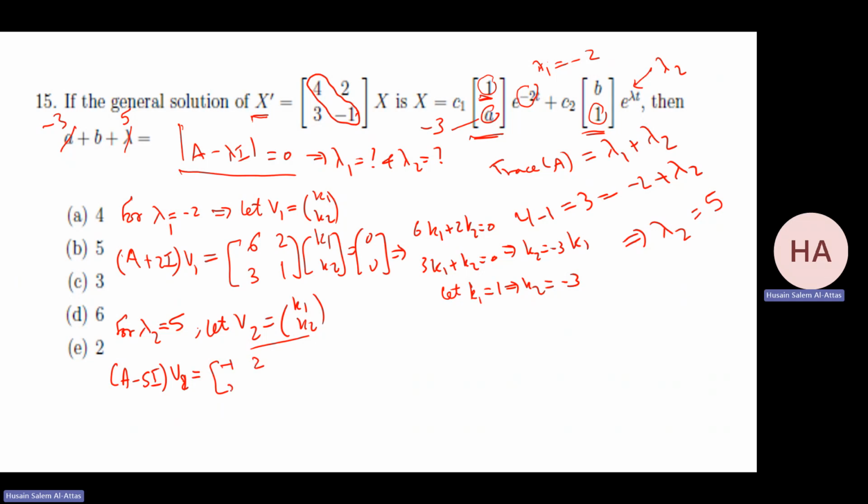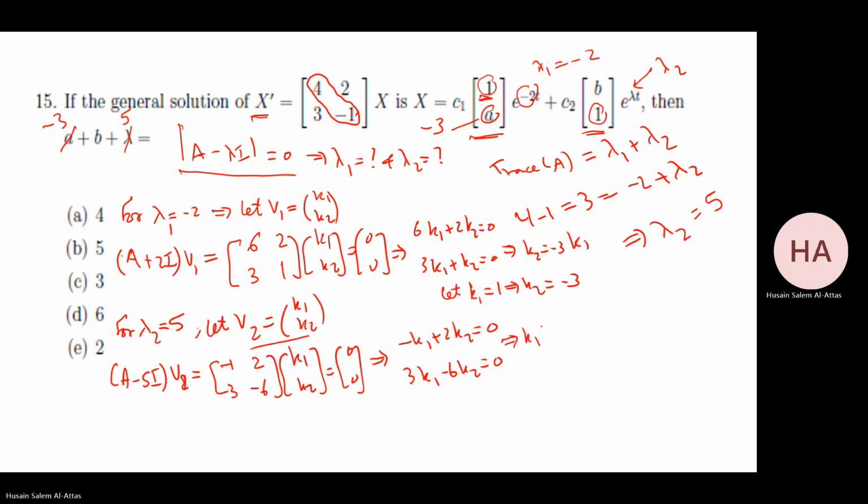So A minus 5I is [4 - 5 = -1, 2; 3, -1 - 5 = -6] times [K1, K2] equals [0, 0]. So what I have? Minus K1 plus 2K2 equals 0, and 3K1 minus 6K2 equals 0. Very clear. Multiply the first one by minus 3, you get the second one. So I have K1 is equal to 2K2.